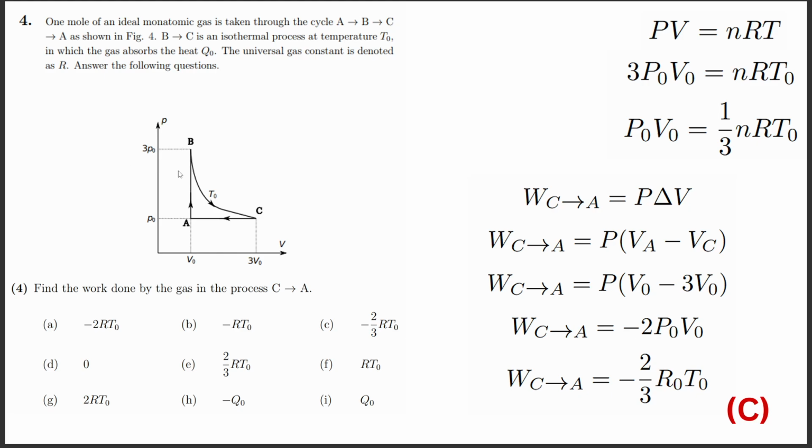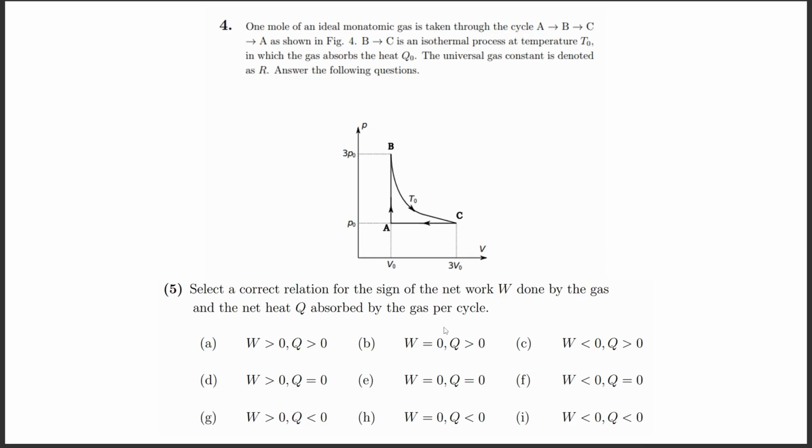At point B, P is 3P0 and V is V0, and this is equal to nR times the temperature of B, which is T0. So we find that P0V0 is equal to a third of nRT0, and n is equal to 1, so it becomes like this. So a third RT0 times minus 2 is minus 2 over 3 RT0, and the answer is C.